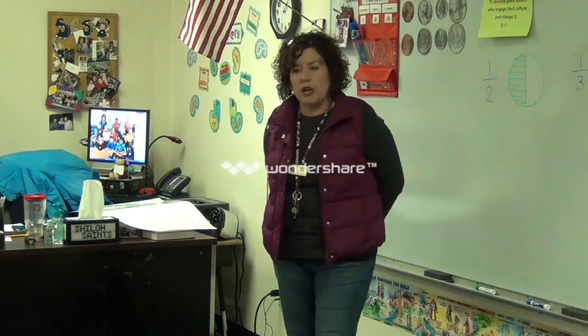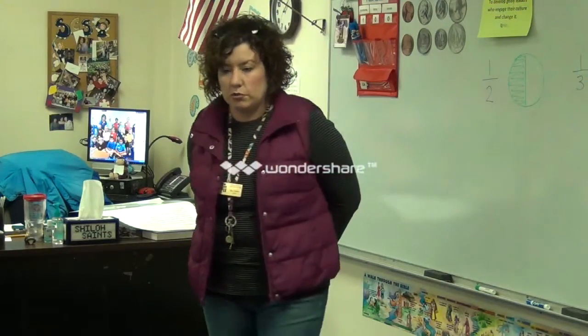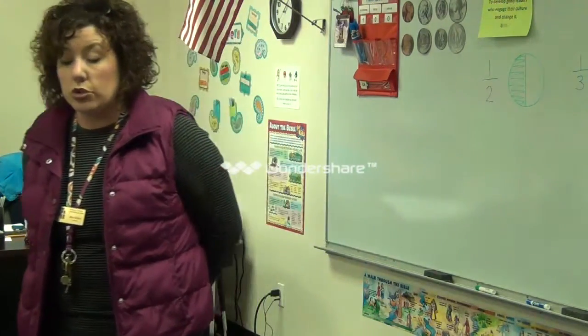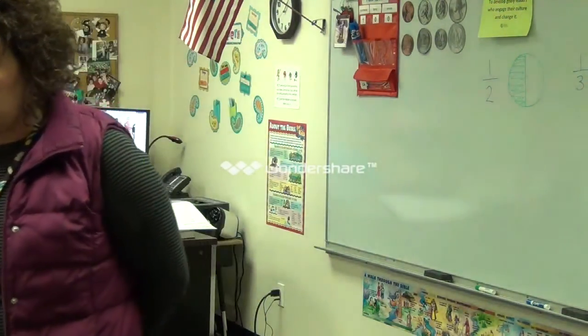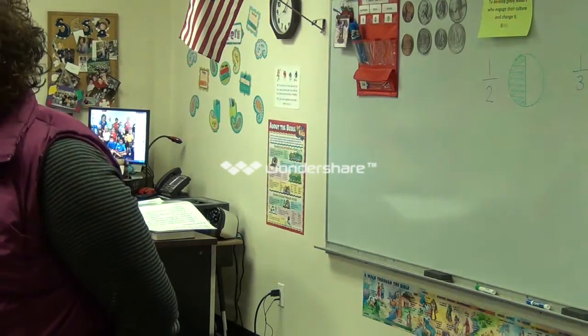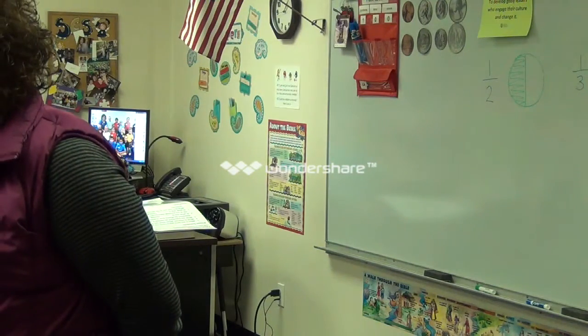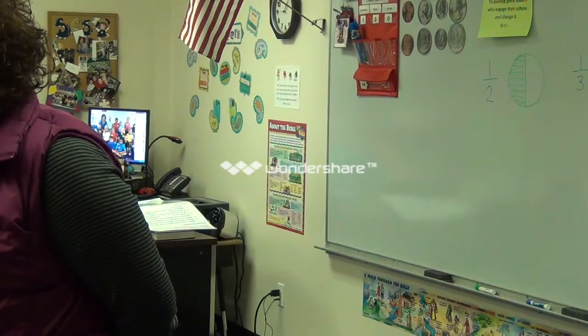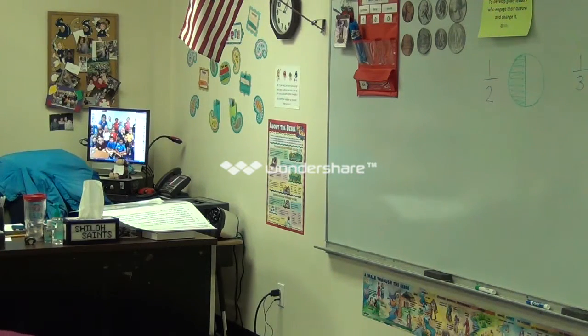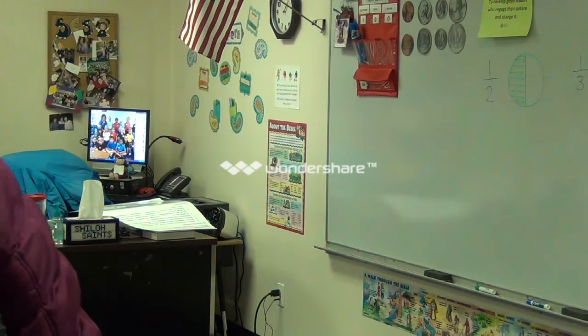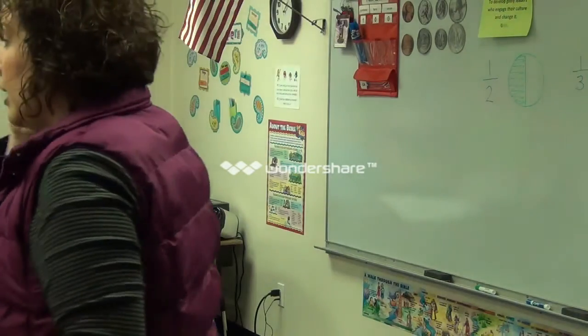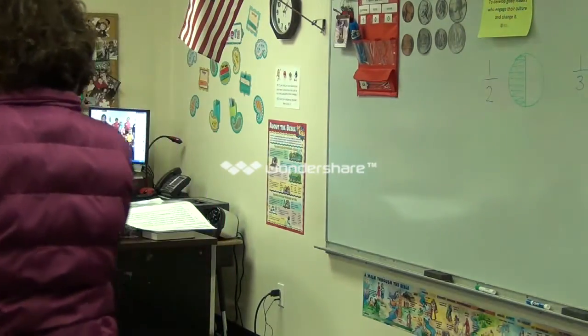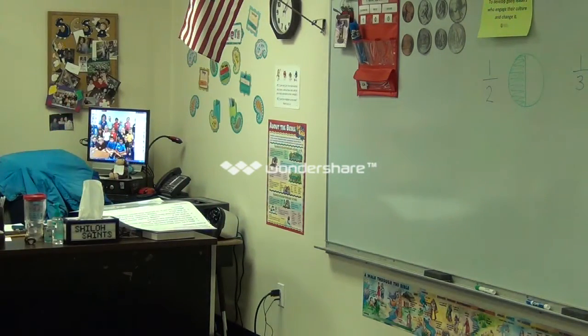Sam, how many did you have in one of those groups? 3. There's 3 groups, but how many is in one group? 1. Okay, how many are in one group? 8. There should be 8 if you divide it into 3 equal groups.